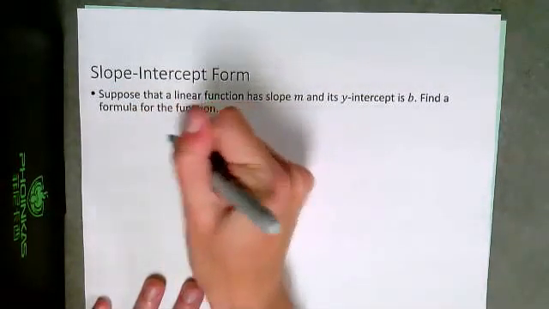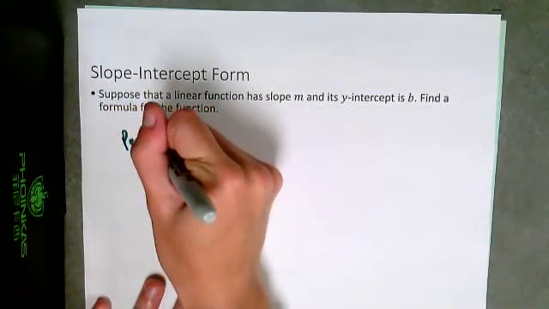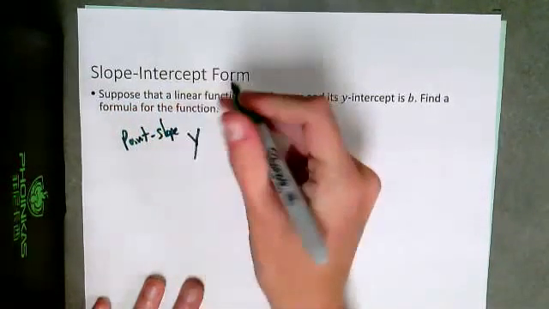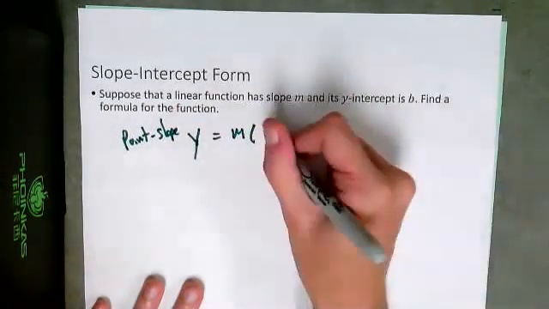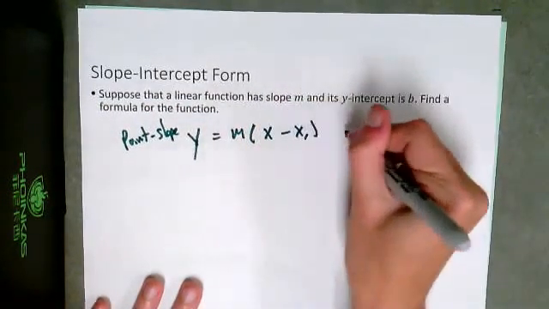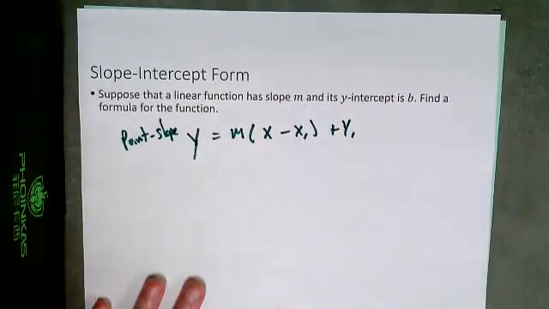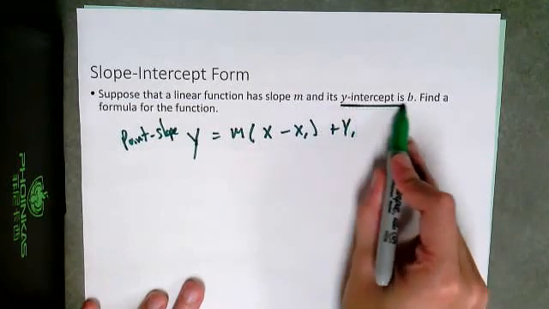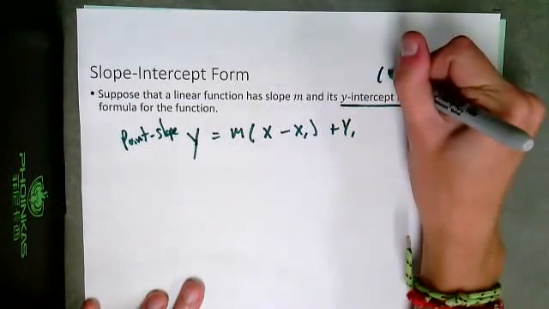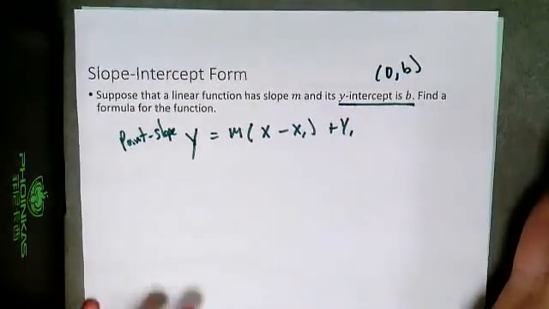Point-slope: y is equal to m times x minus x1, plus y1. Well, the point we're using is the y-intercept, which is equal to b. That gives us the point (0, b).